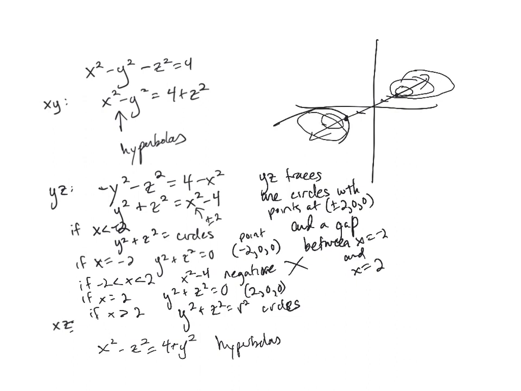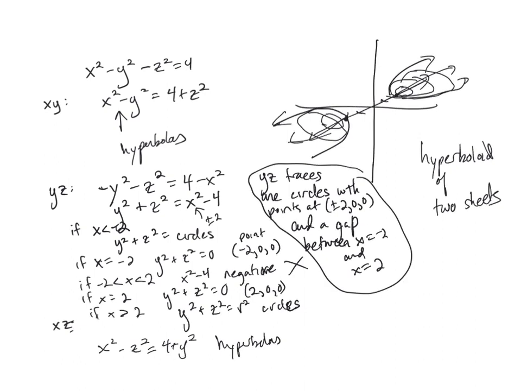So we're really looking at these shapes right here, which in this case we would call a hyperboloid of 2 sheets. And the 2 sheets are being created by this whole situation right here, where we have this gap in between where x values can't exist.